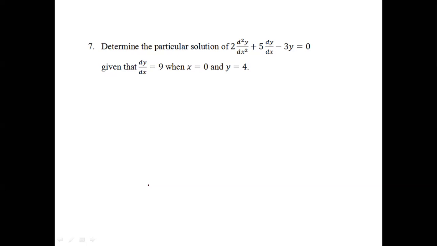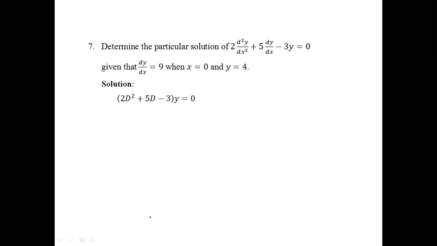These are very, very important equations, where you are given some working conditions. Okay, so let's look at the solution. We convert to the D notation.